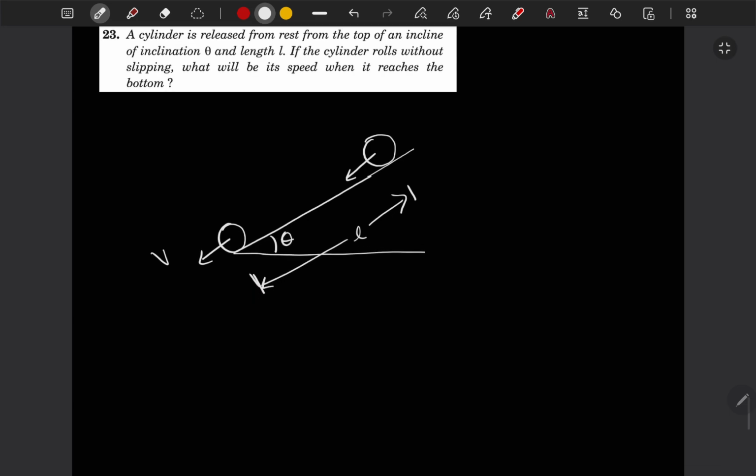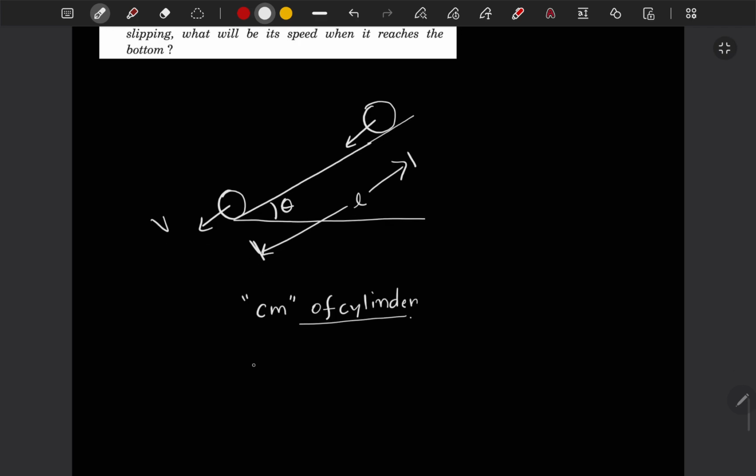So one way to do this question is to study the center of mass of the cylinder, because they are not asking anything about the rotational part, only the center of mass part. Let's imagine that the cylinder is somewhere in the middle.